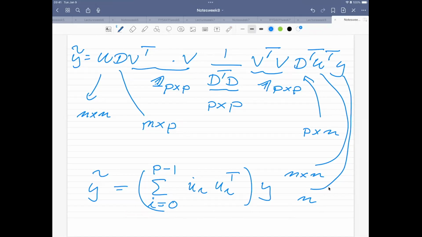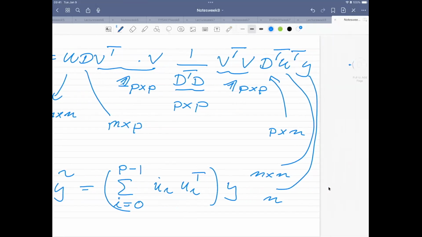What you note here is that this is a matrix because it's an outer product of two vectors. That means that we have a matrix which projects out components of y, and the projection is given by the orthogonal vectors in the singular value decomposition.